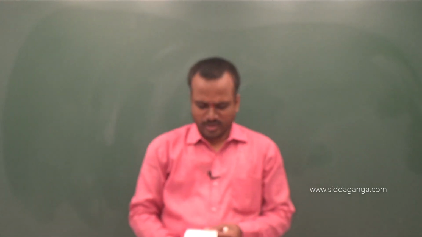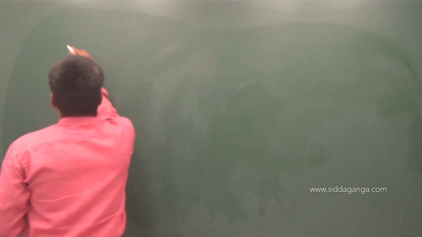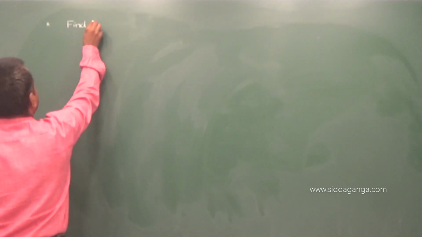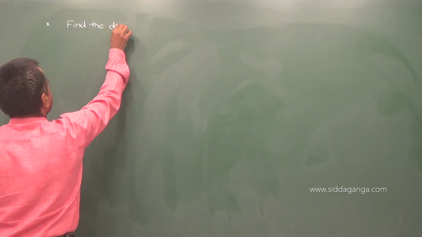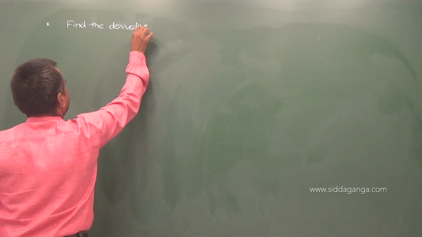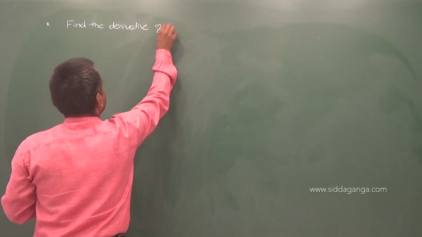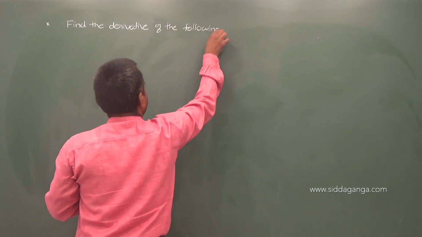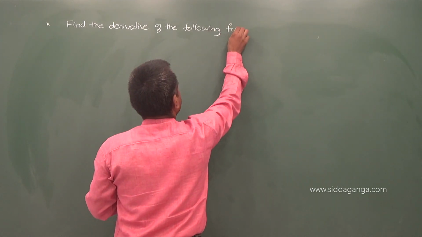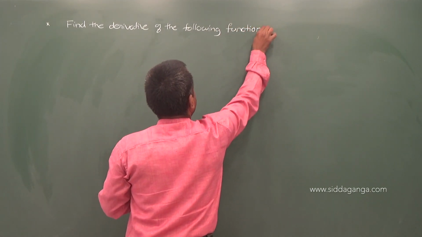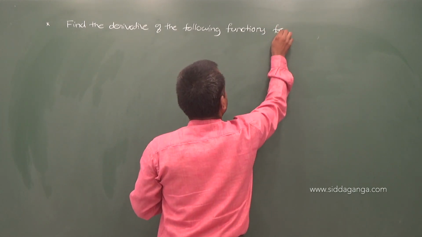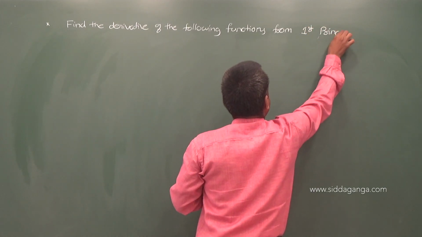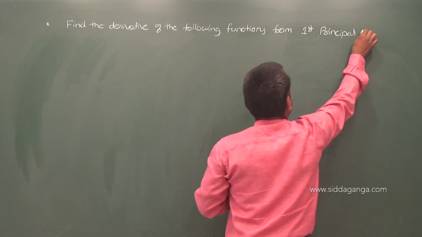In the fourth question, what he has: find the derivative of the following functions from first principle method.